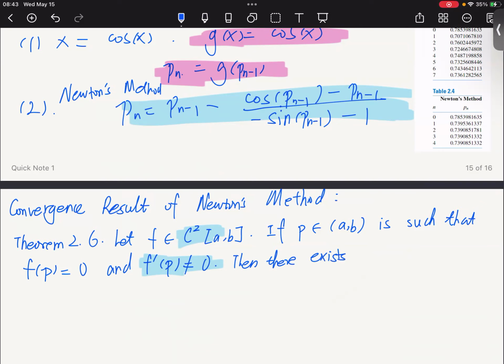There's one more thing about the initial guess.